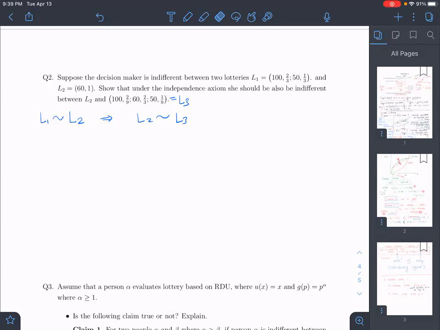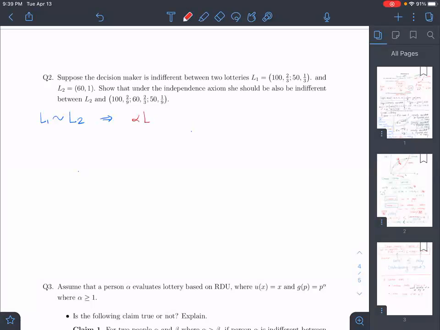So we should figure out how to mix L1 and L2 with some other lottery or themselves to get a third lottery like this. Suppose that L1 is indifferent to L2. Let me give you a hint.